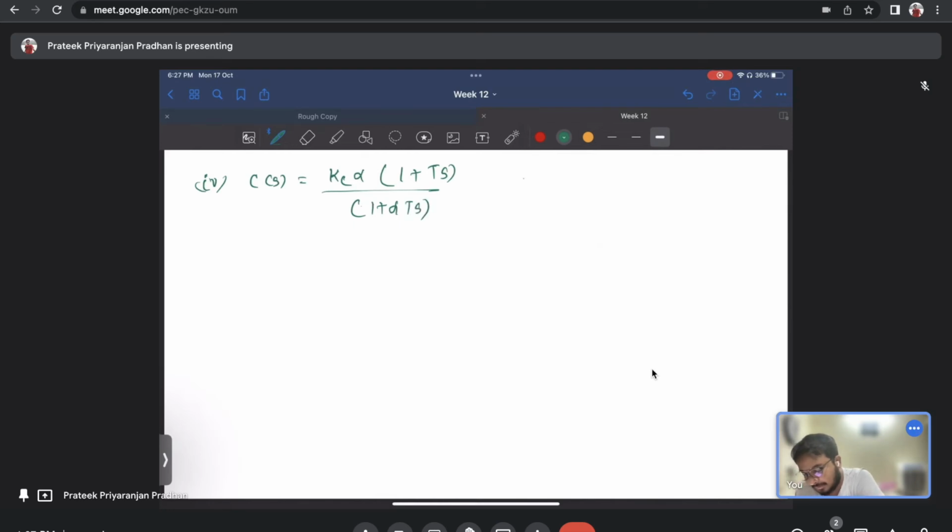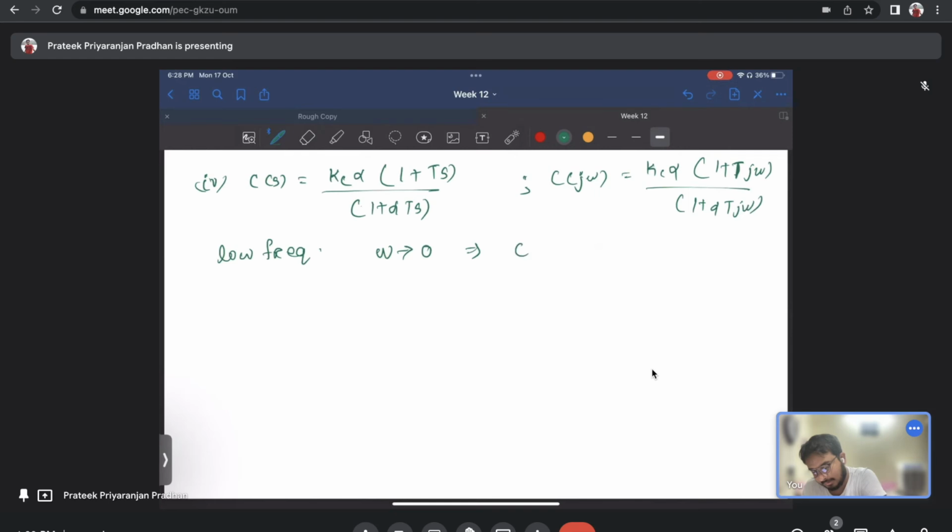So at frequency j omega, C of j omega will be Kc alpha (1 + t j omega) divided by (1 + alpha t j omega). Okay, what will the magnitude be at low frequency, when omega tends to 0?